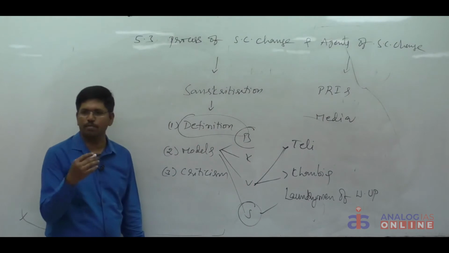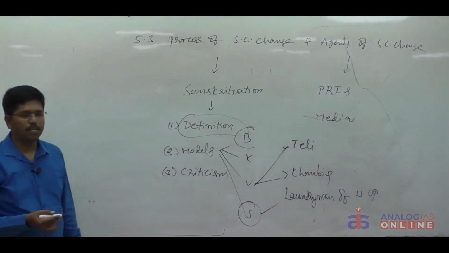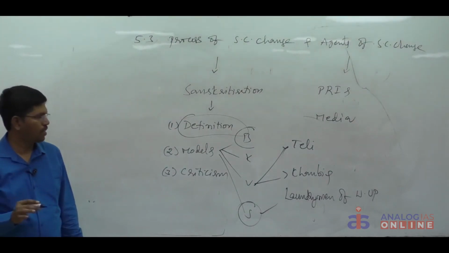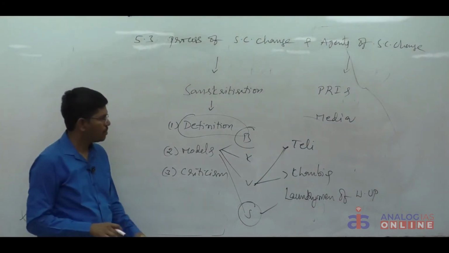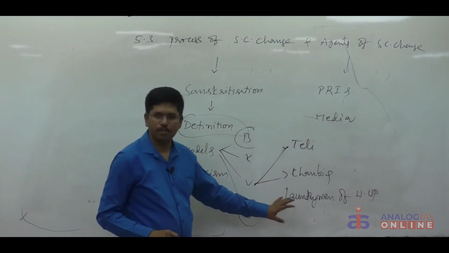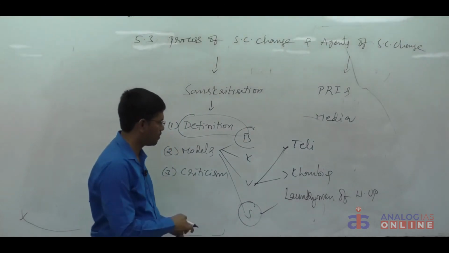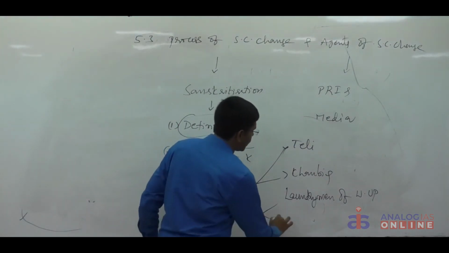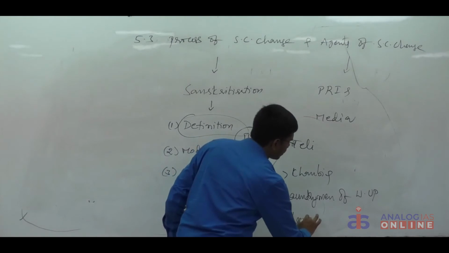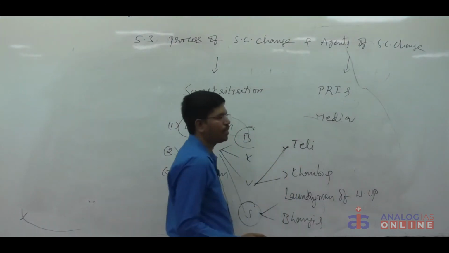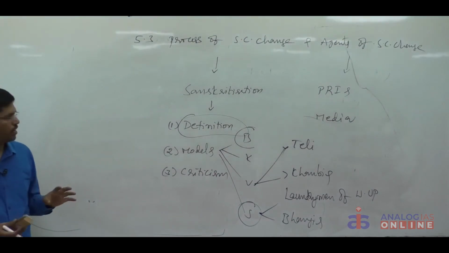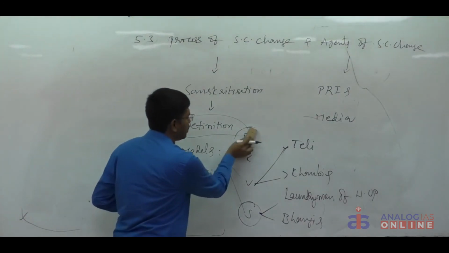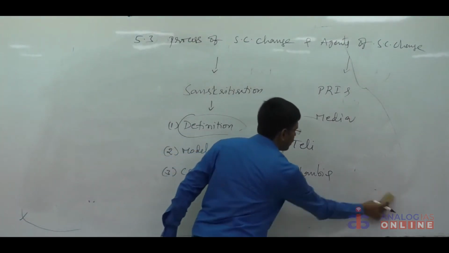Why? Because in the eastern part of Uttar Pradesh, the laundrymen did not follow the Shudra model, so they are still considered untouchables. But nowadays they are not considered untouchables in the western part. And Bangis in Delhi. Examples are very, very important. These are the different models and examples.